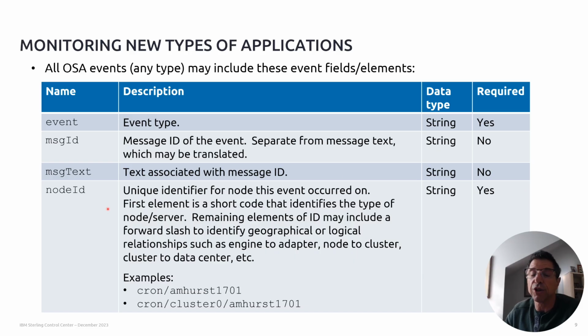And know that I'm only showing some of the elements, but node ID is an important one. It's required. And this is where you tell Control Center not only the name of your application or server, but its type. And you can specify types that Control Center does not know about. In fact, you need to. And these types can be up to, I think, 255 characters long.